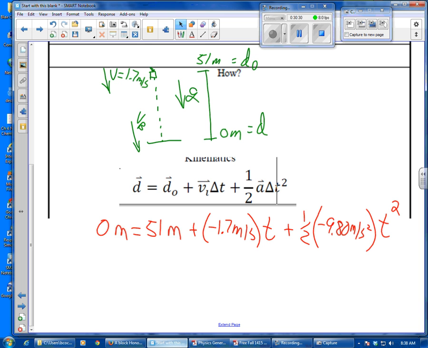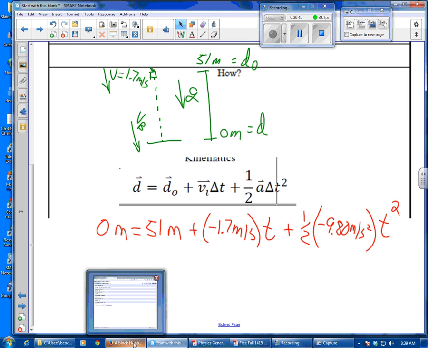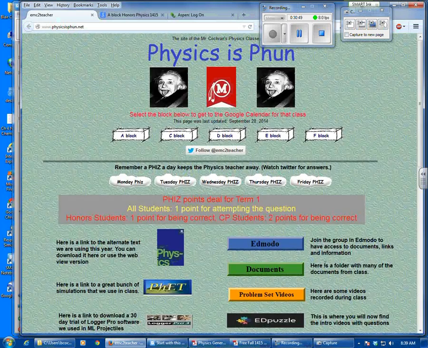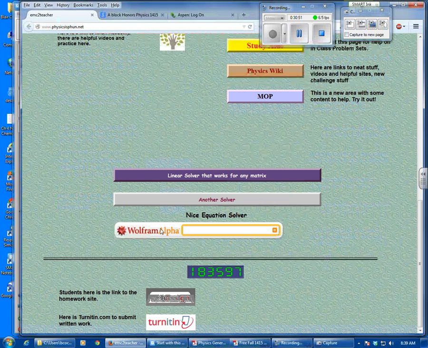How would I solve it? I might even use something like Wolfram to do it. Are you familiar with Wolfram at all? You can use it through any browser. It's actually linked on our website. You go down here to the bottom, this little box says Wolfram Alpha.